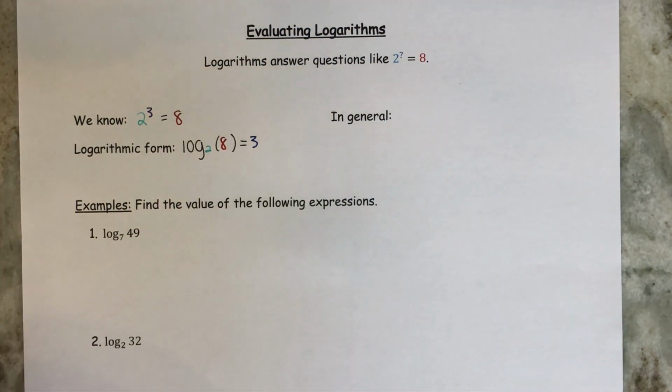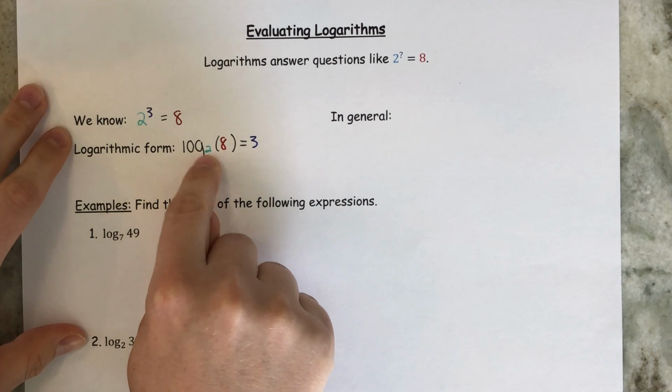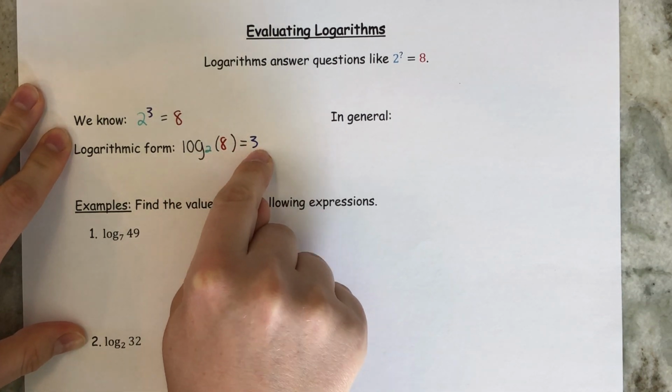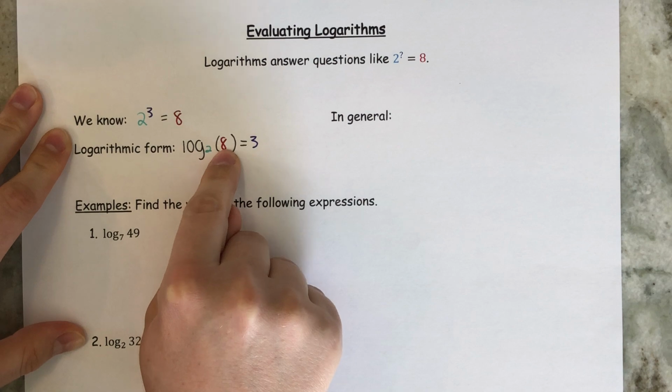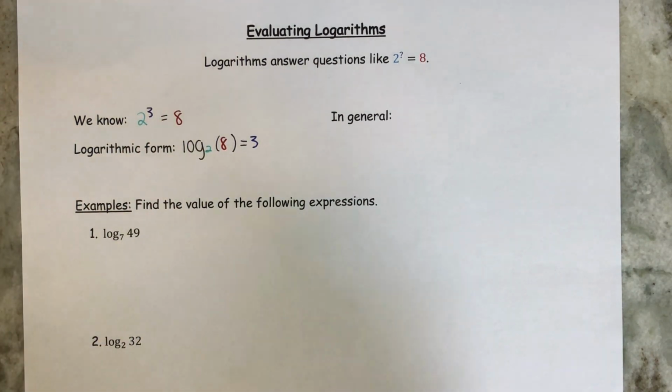So what this means is that you need to take 2 to the power of 3 to get 8. So 2 cubed equals 8. It's just another way of rewriting that fact.